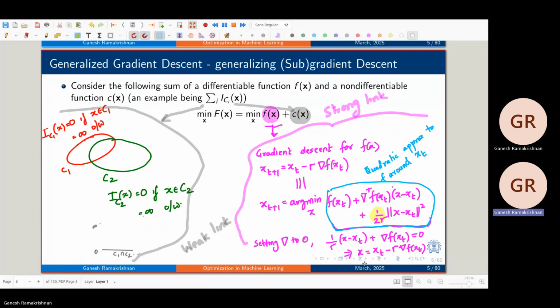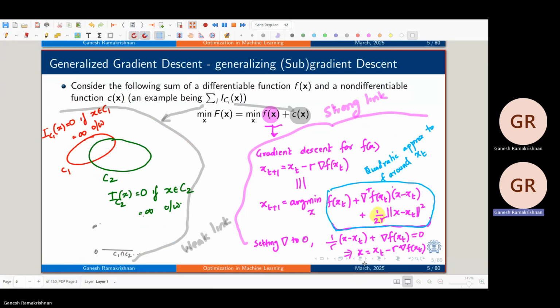What we're trying to do is view gradient descent for f(x) as the minimizer of a quadratic approximation. And then I'll try and make some changes to that quadratic approximation.